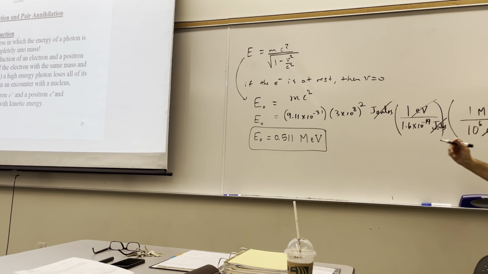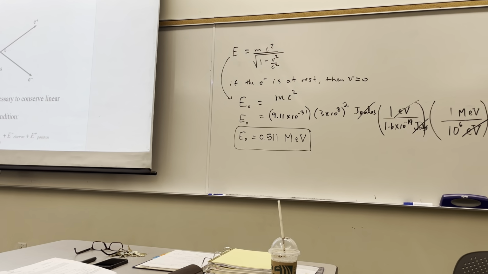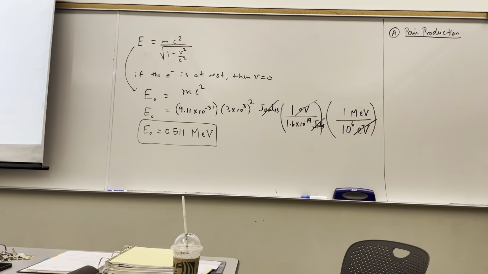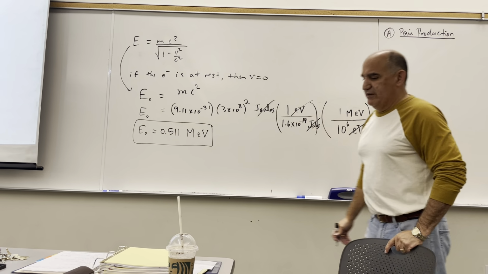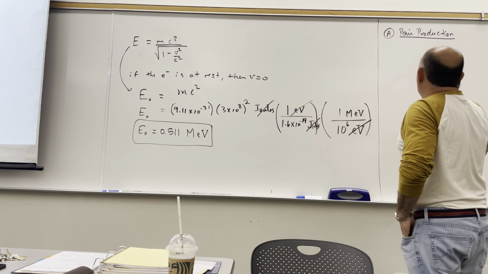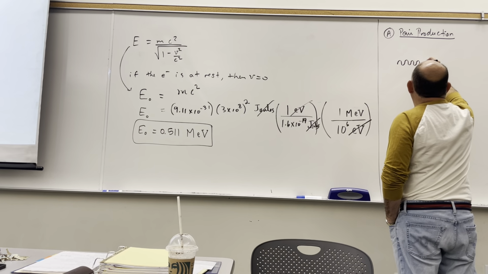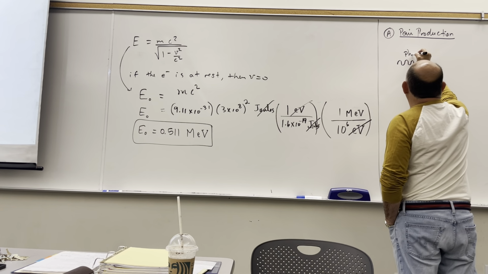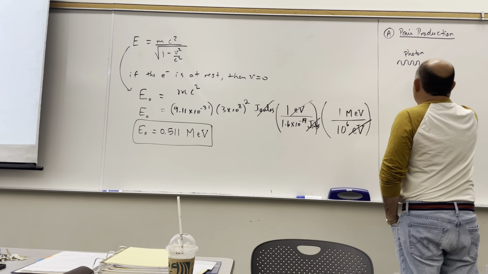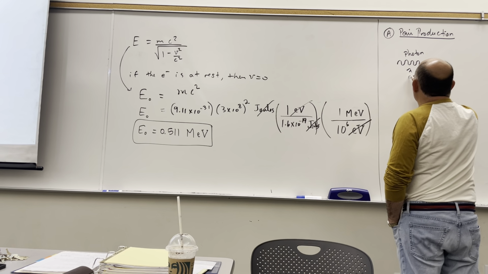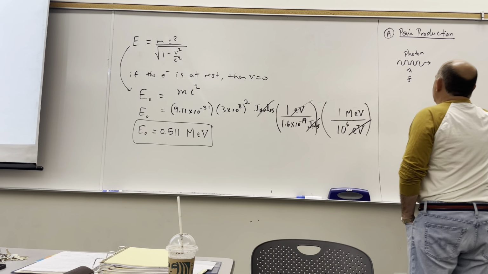I like to think of the process in terms of a picture like this, and then from the picture, I write down the energy equations, the conservation of energy equation. So you have a photon here. Let's say the wavelength is lambda, or the frequency is f, and the speed of the photon is c.